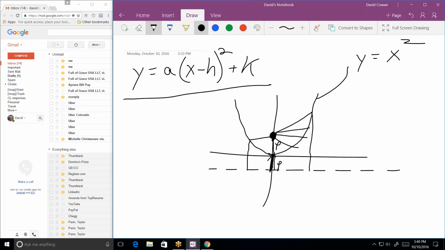But they would all hit the parabola and bounce parallel to this y-axis. In other words, that light bulb would have all of its rays focused so that they all go out vertically from the light bulb.